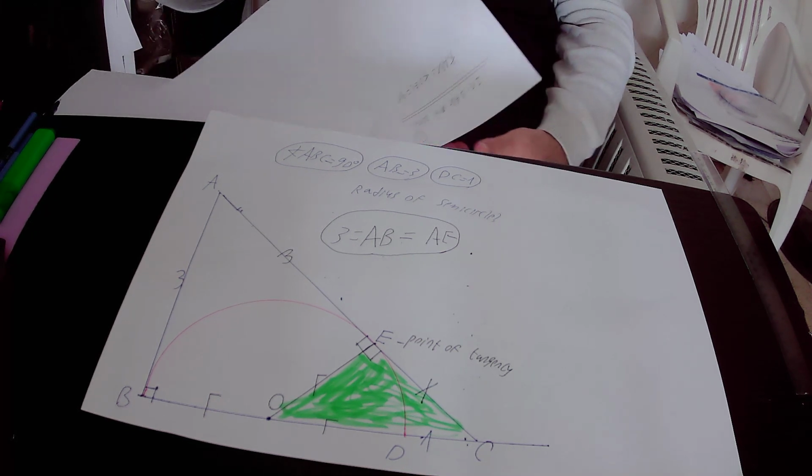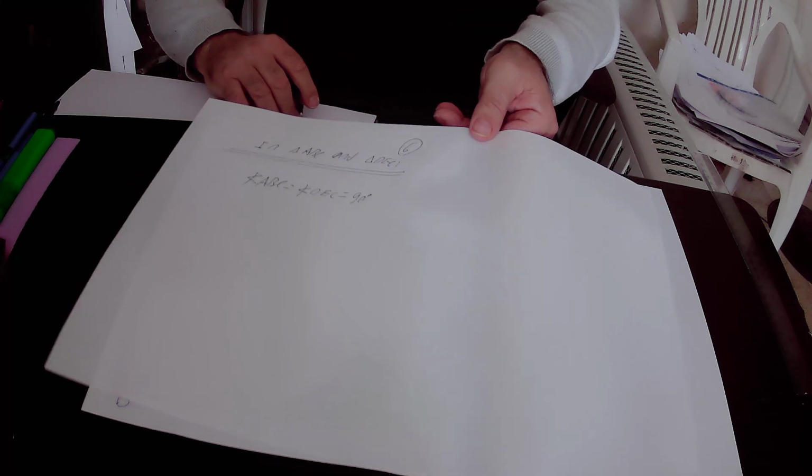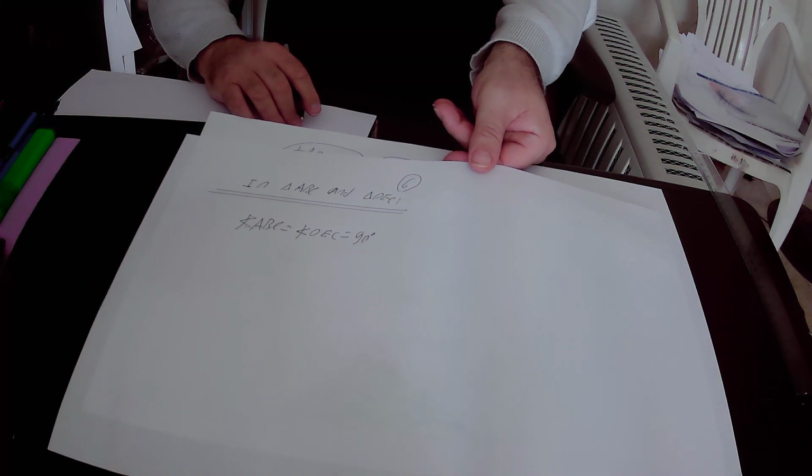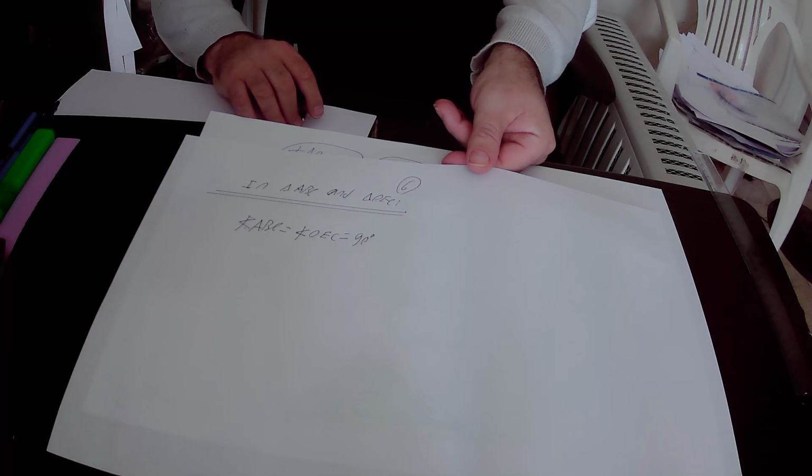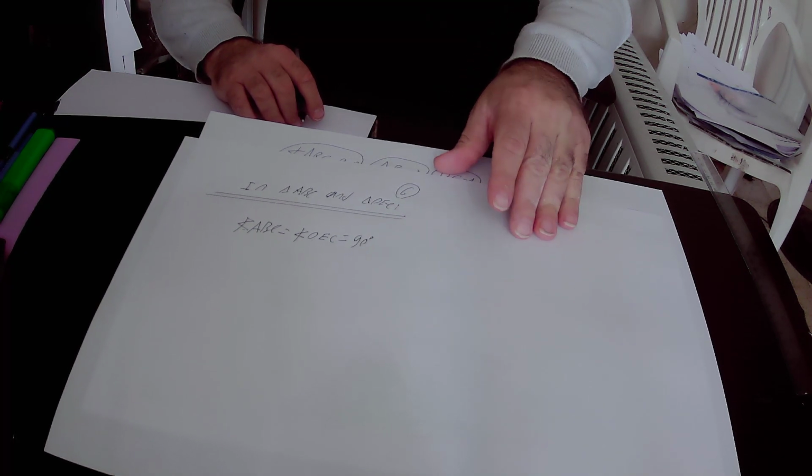So angle ABC equals angle OEC, and they are both equal to 90 degrees.